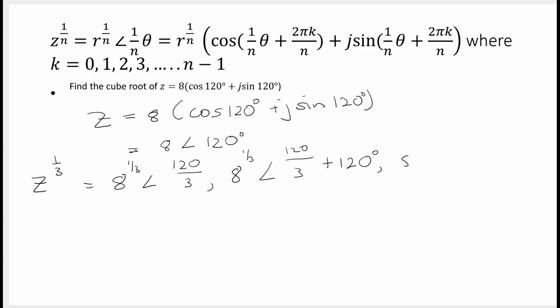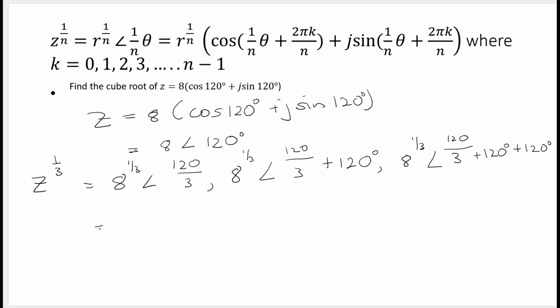And the third root would be the same to start with, but we're going to add 120, and then we're going to add another 120. Okay, tidy it up if you wish.